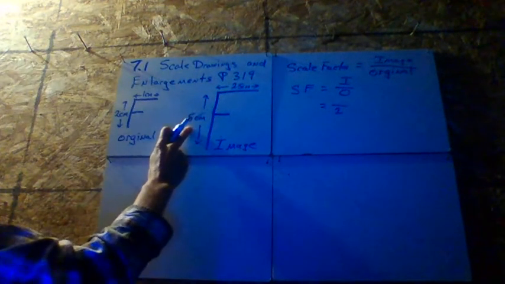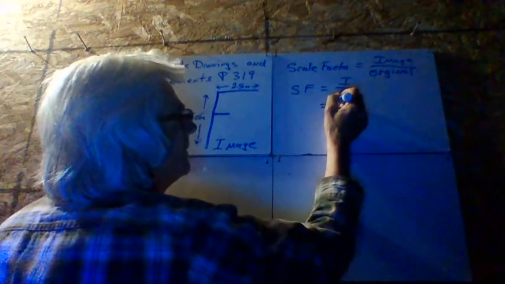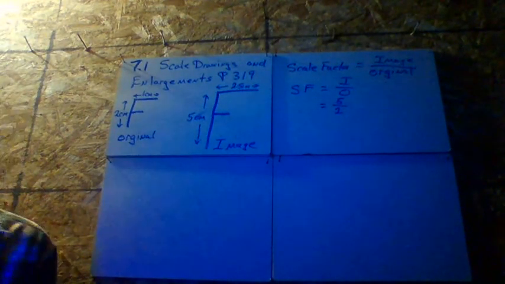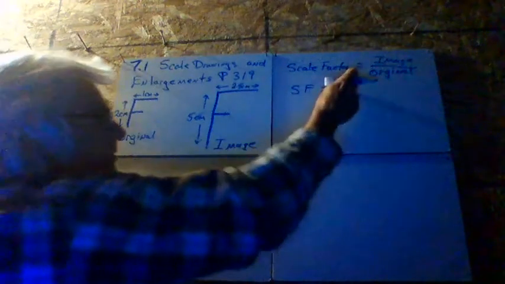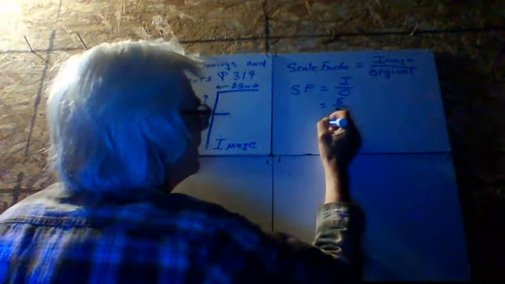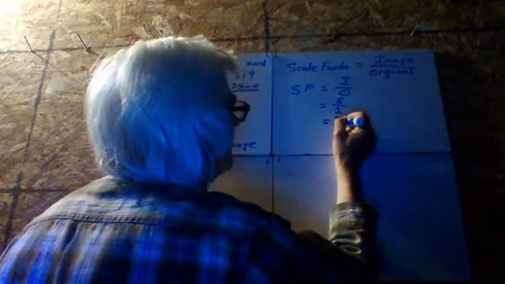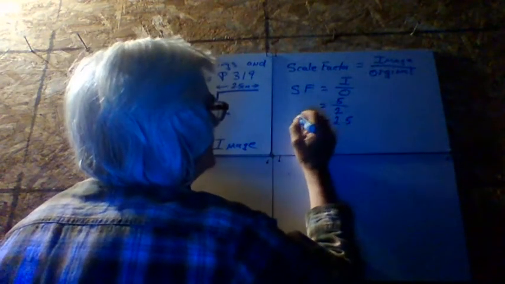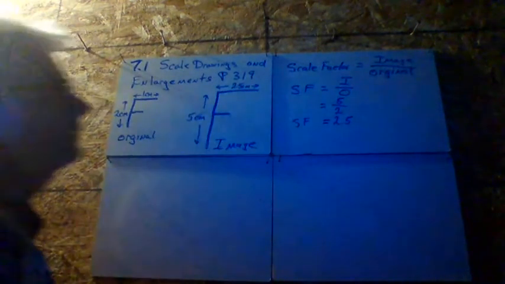The corresponding side of that is the 5 in the image. So my scale factor is 5 over 2. If I take that 5 and divide the 2 into it, I'm going to get 2.5. So the scale factor in this case is 2.5.